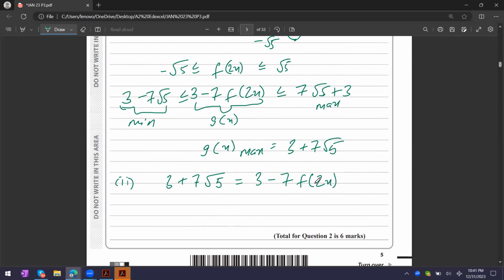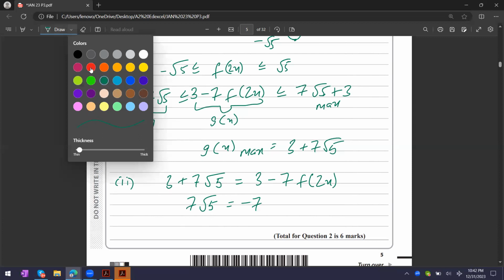First, this 3 will move to this side, which will cancel. And so we have 7 root 5 is equal to minus 7 times f of 2x. What is f of 2x?